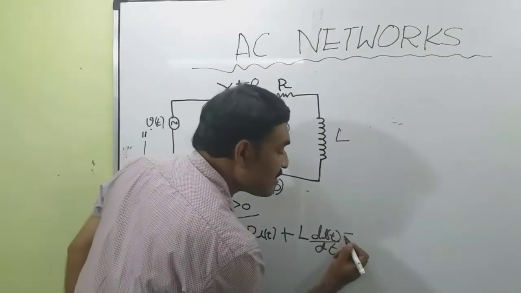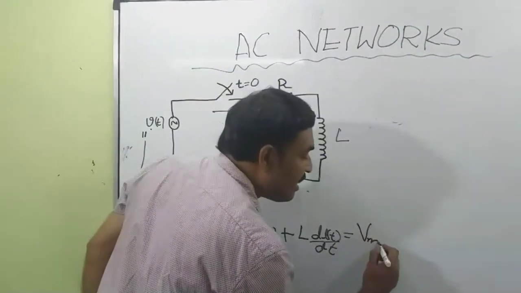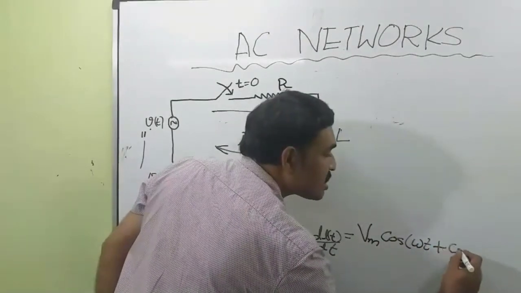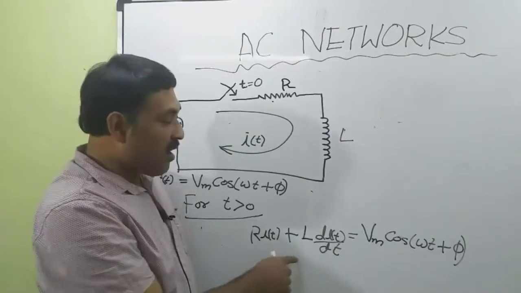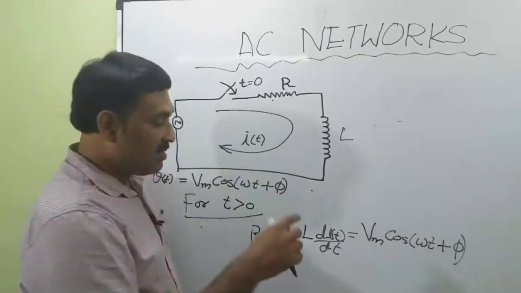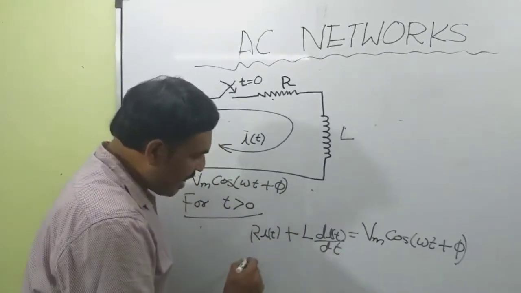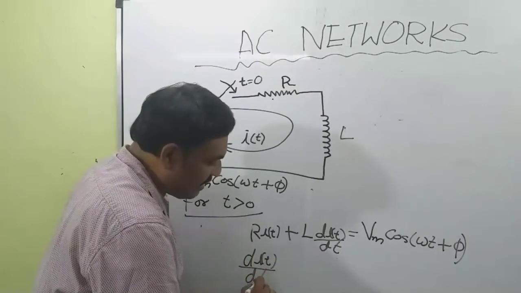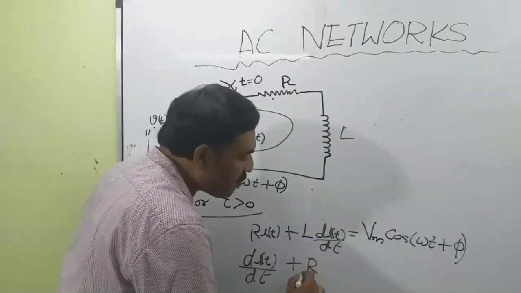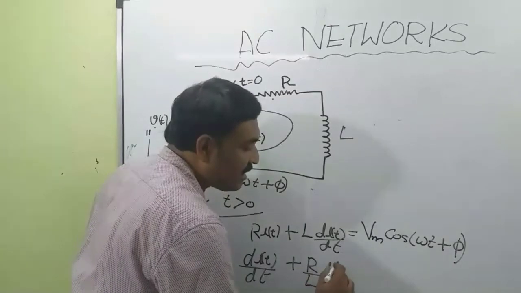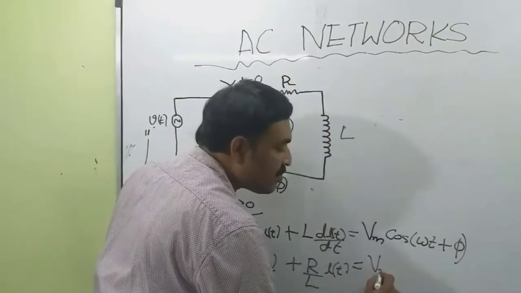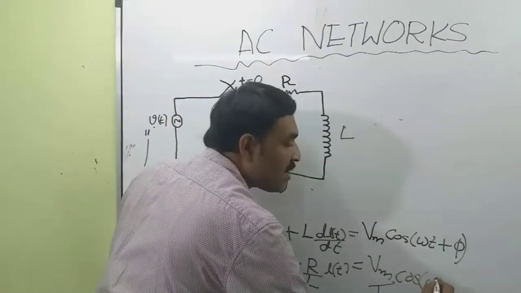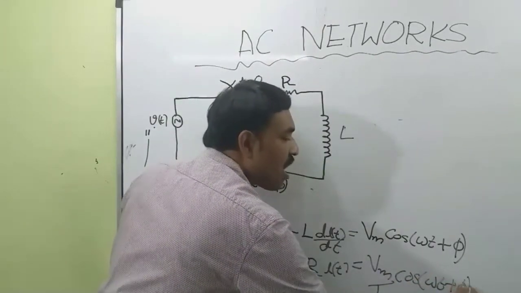Now I am writing this equal to the input voltage Vm cos(omega t plus phi). Now I am going to divide the entire expression by L. So I can write first this term as di of t by dt plus R by L into i of t, equal to Vm divided by L into cos(omega t plus phi).